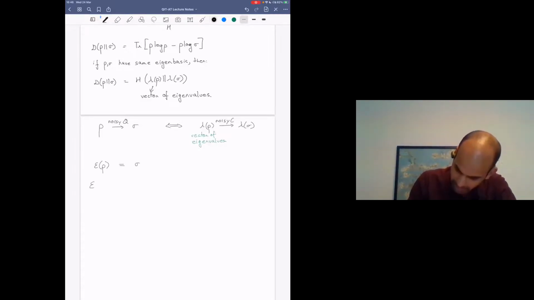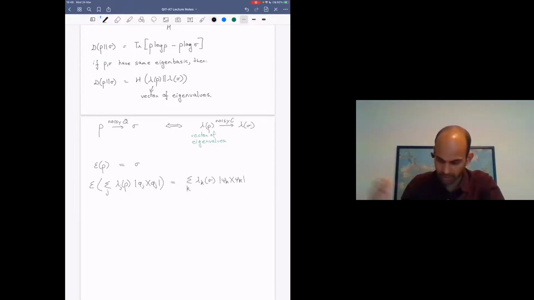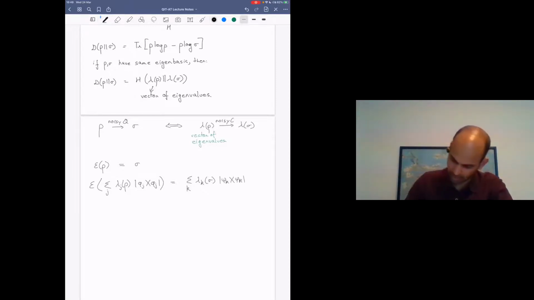Now I simply expand rho in its own natural eigenbasis, in which it's diagonal: the summation over J of lambda J of rho, phi J, phi J, is equal to, and you have another eigenbasis for sigma, the summation over k of lambda k of sigma, psi k, psi k. All I've done so far is write out the density matrices in the basis in which they are diagonal.